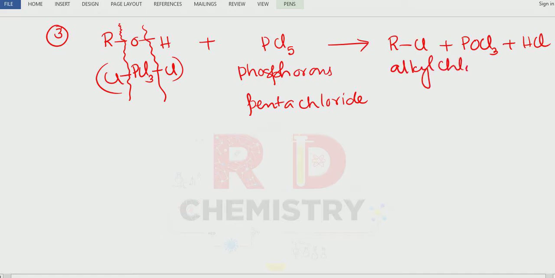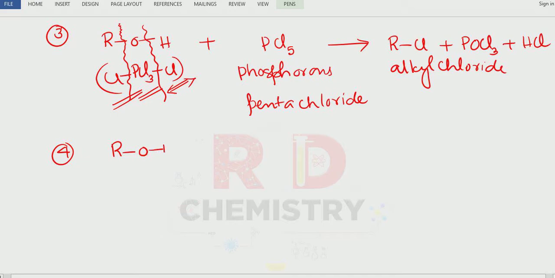Alkyl chloride is formed. So we can prepare it from phosphorus pentachloride. To easily understand this reaction, I'll split this PCl5 into PCl3 plus chlorine.